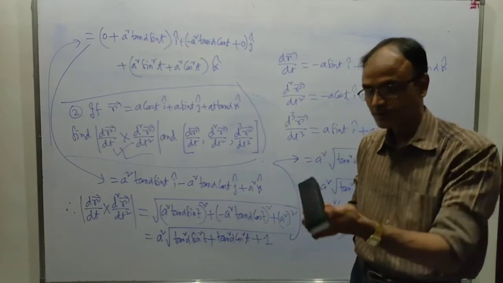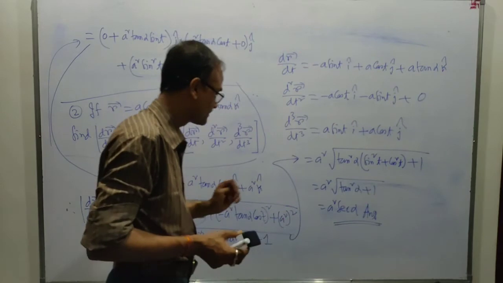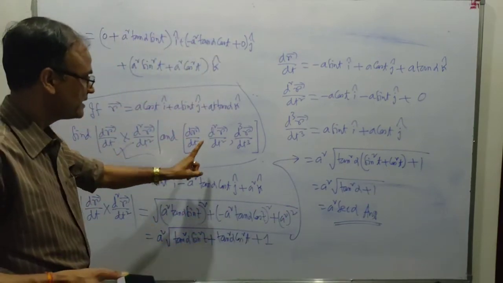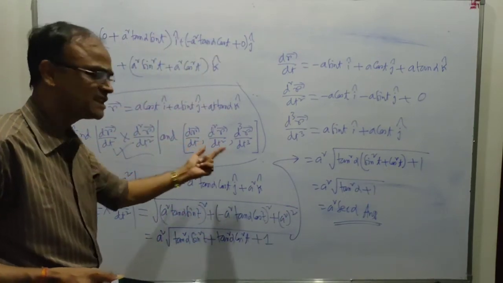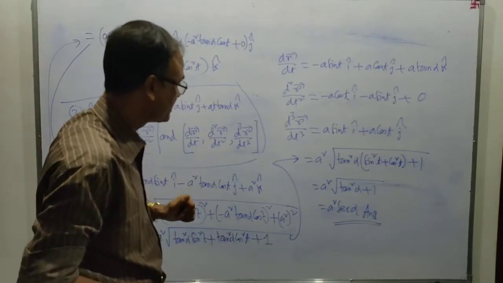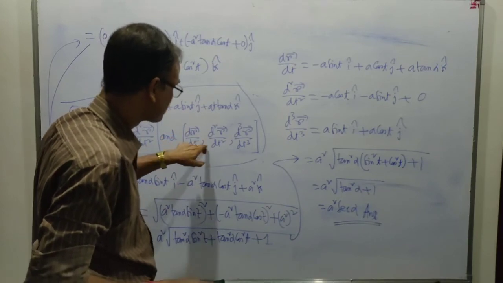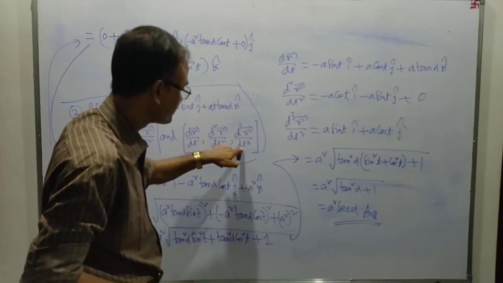Now we are going to find the second one. It is nothing but the scalar triple product of 3 vectors. Scalar triple product of 3 vectors will be equal to dr bar by dt dot this into this cross this.